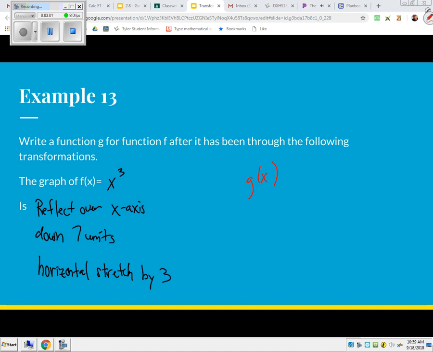So we worked ones like this, just not combining it all. So this is where I want to take my x and my cubes, and I leave a lot of space around it so I can put stuff on the inside, outside, multiply, add, subtract, everything I need to do.